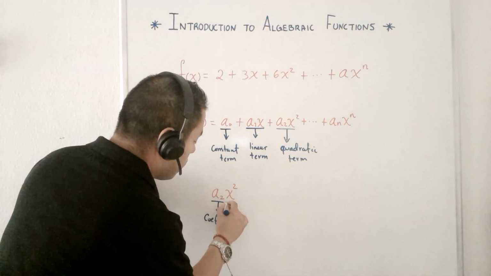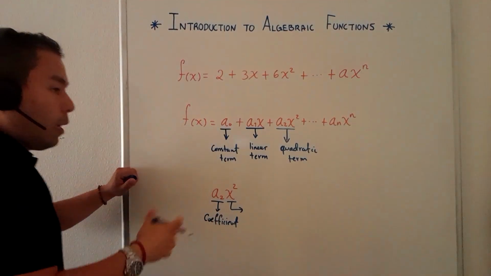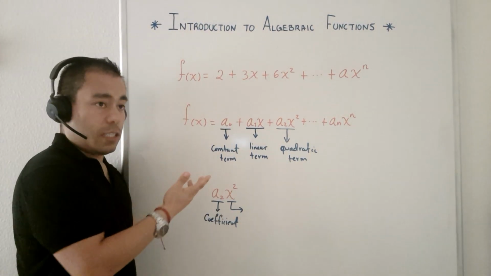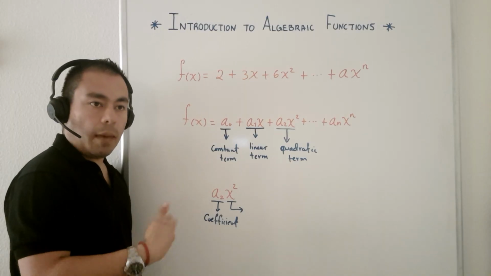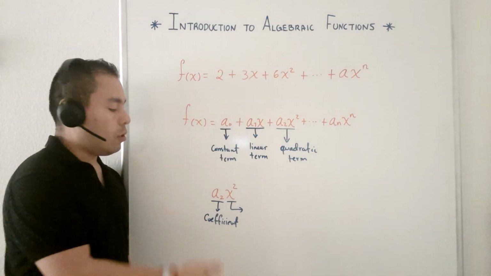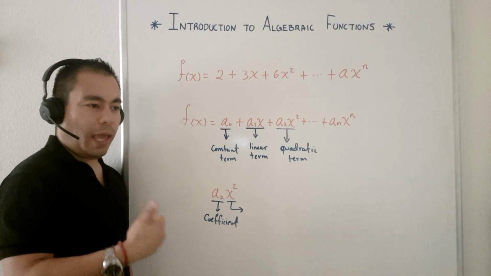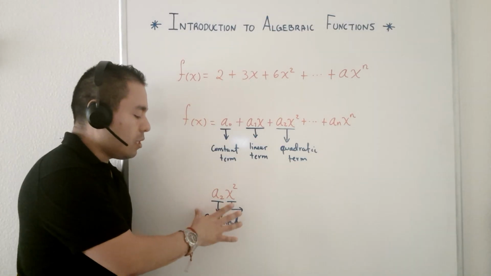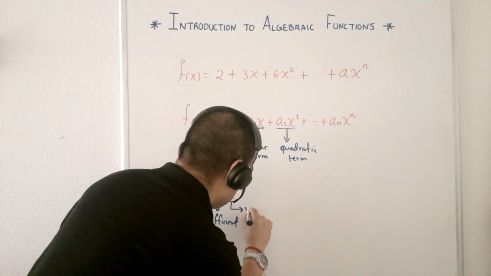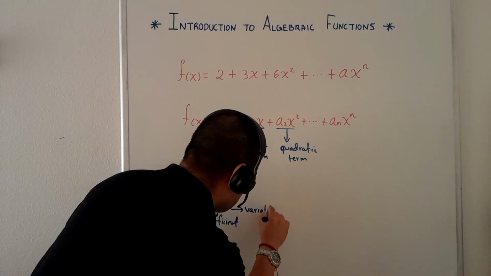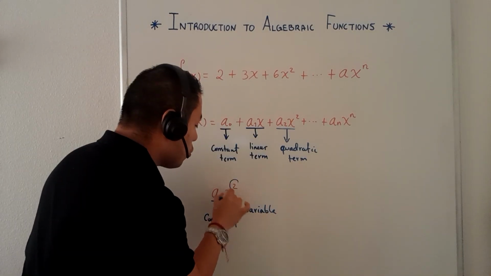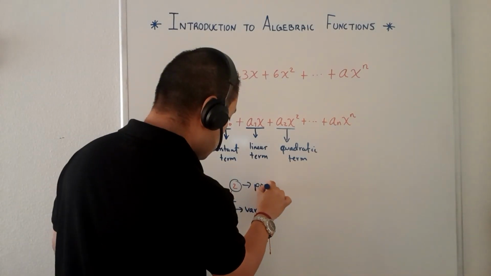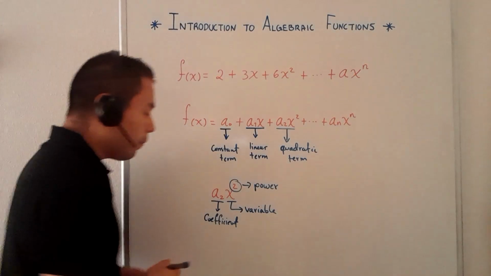The x is the name of the variable that I'm using, because you should be aware that in this case I have used x, but it could be t, b, m, n. You can give the name that you want to the variable. Normally we use x, y, and z, and t as well to represent time. But in this case I'm using x, and this is the variable. And the number to which you are raising this variable is called the power, just like that.